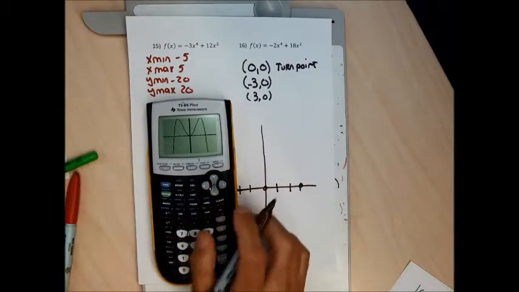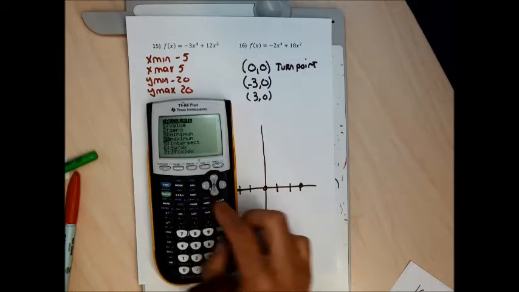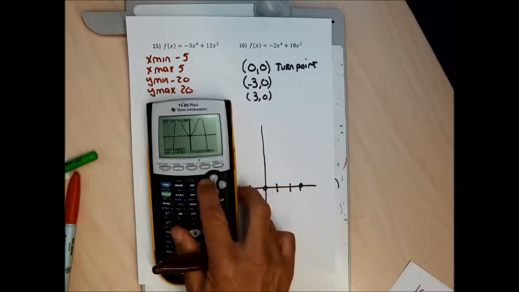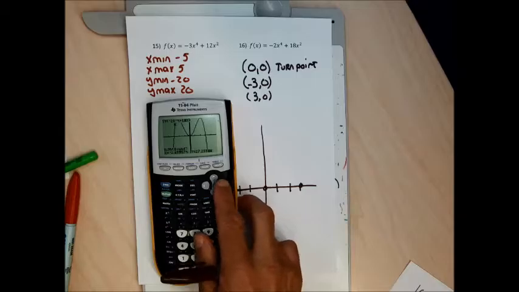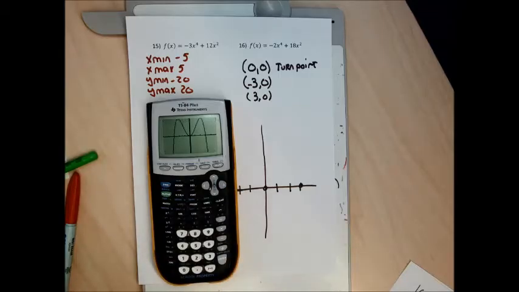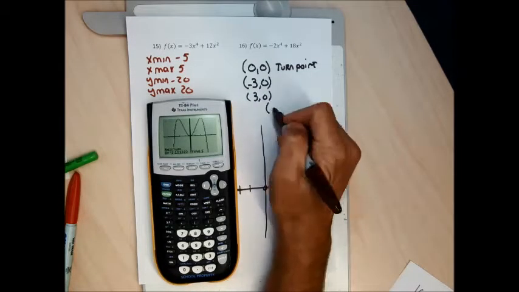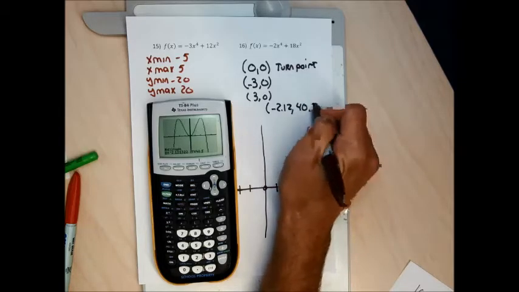Those 2 turning points look to have the same y. I'm going to go second calc, their maximums. I'm going to get the first one by using my cursor, tracing to the left of that maximum, hit enter, to the right of that maximum, hit enter, get close to that maximum, hit enter, and I get to the point (negative 2.12, 40.5).